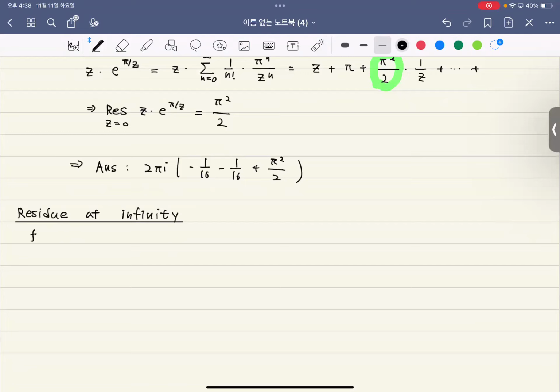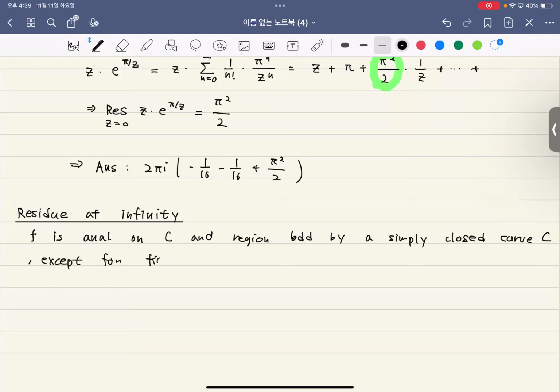Suppose that f is analytic on some curve and region bounded by a simply closed curve, except for finitely many points.